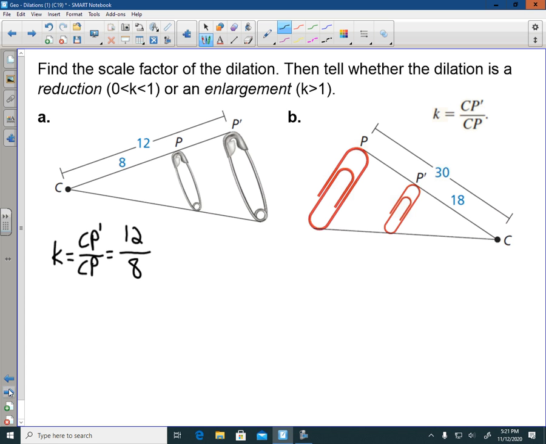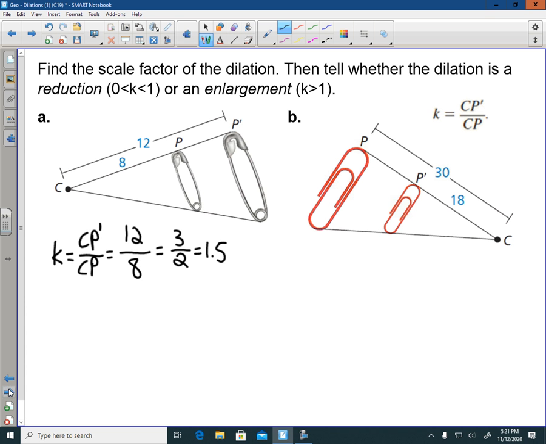Now, because 12 is bigger than 8, we already know that this is going to be an enlargement, and we can kind of see this from the figure as well. But you won't always be able to see the figure, and so being able to calculate is a really good idea. Let's reduce 12 over 8. So we would have 3 halves, which is about the same as 1.5, isn't it?